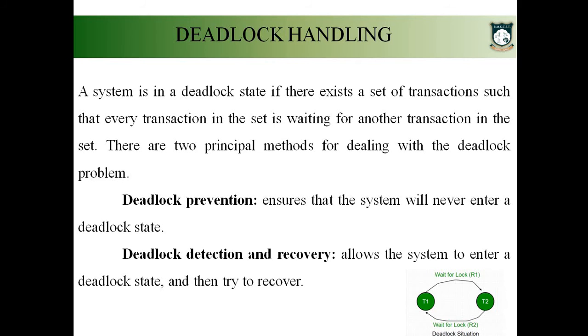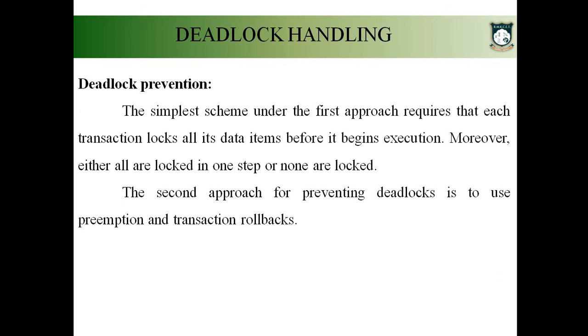Okay, fine. Now let us discuss it in detail. Deadlock prevention. In deadlock prevention, as I already said, we will be doing some additional tasks, and these additional tasks will ensure the system will never enter a deadlock situation.